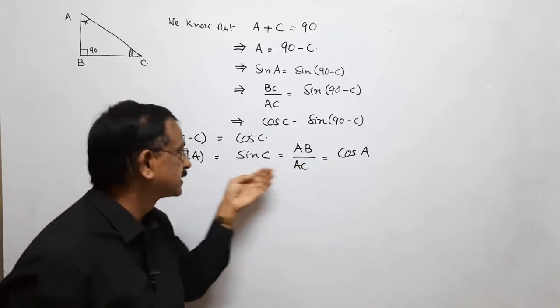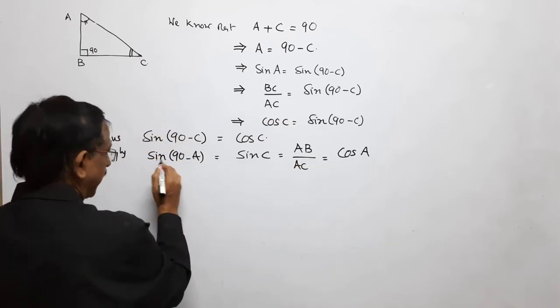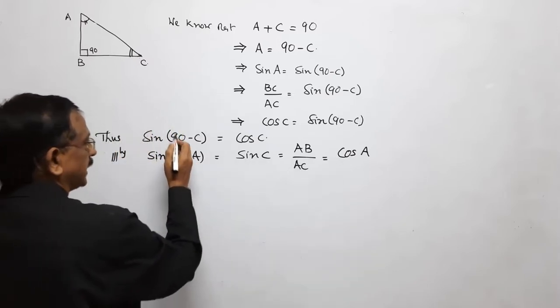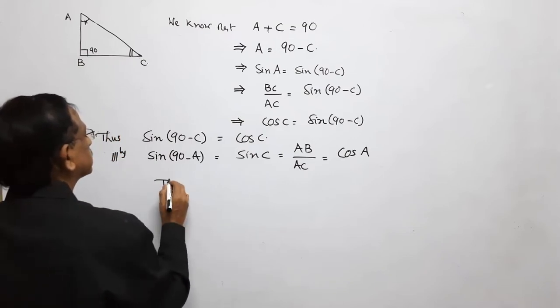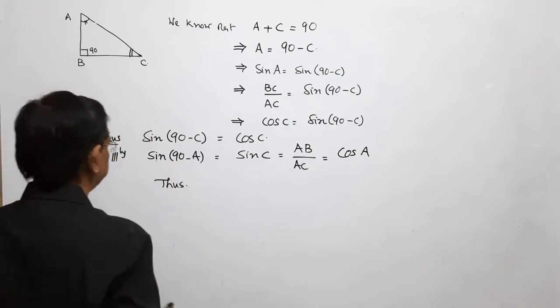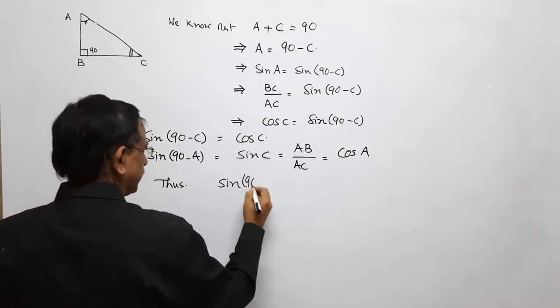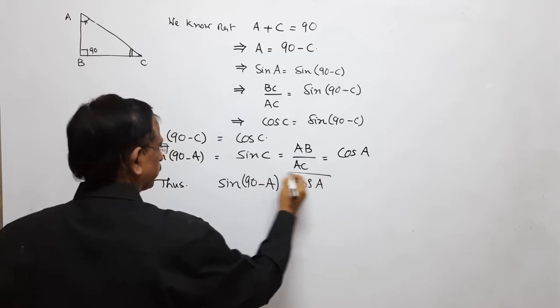So cos A is sin C. Now what you have to observe is sin 90 minus A becomes cos A. Sin 90 minus C becomes cos C. Thus, sine of 90 minus A is cos A.